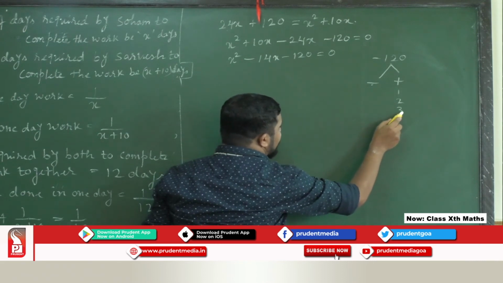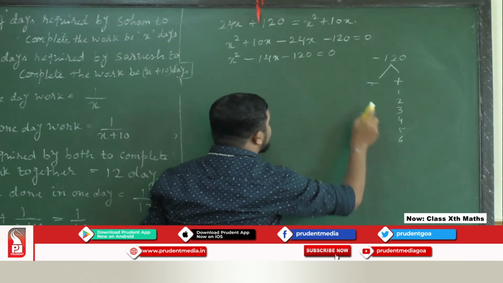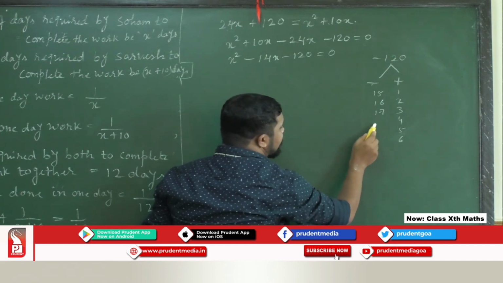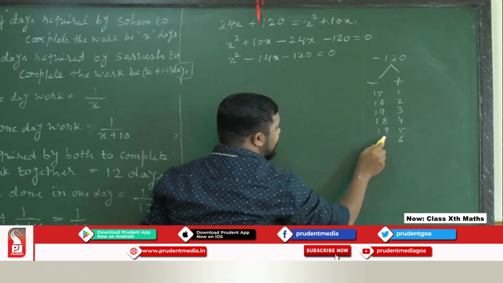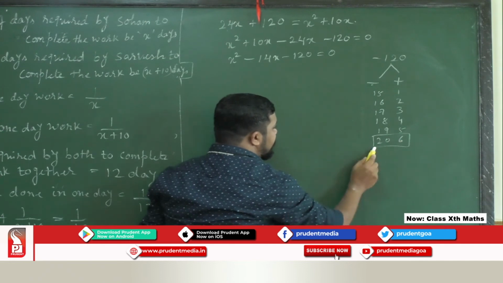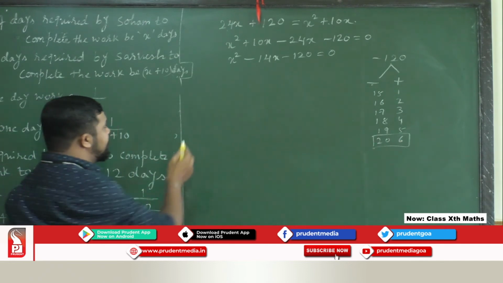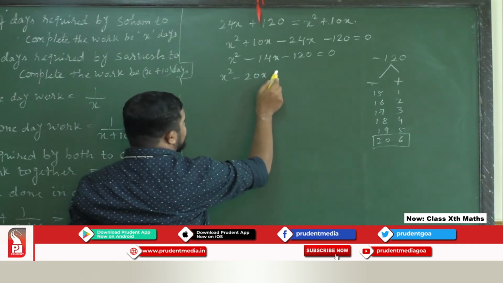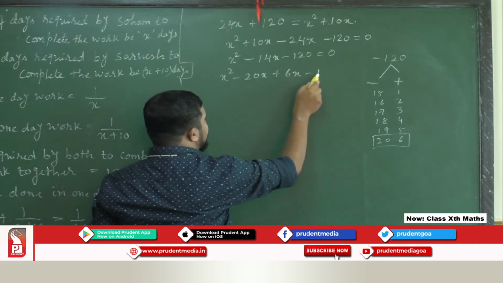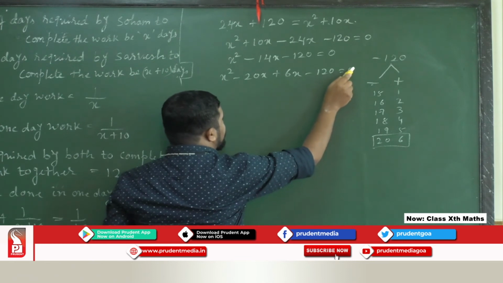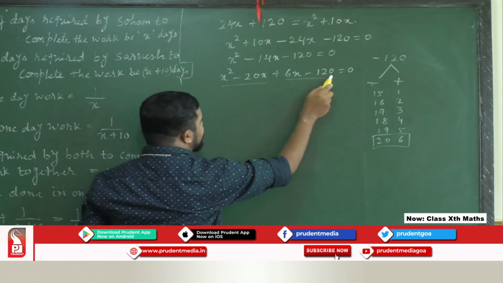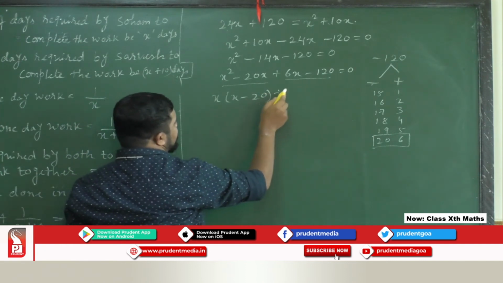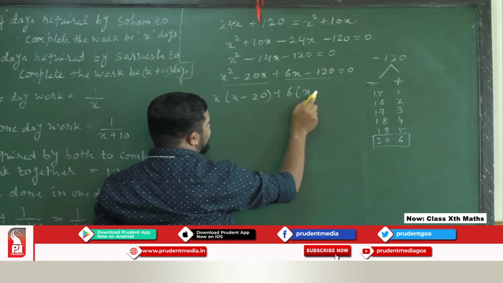So this side we write the number fixed: 15, 16, 17, 18, 19, 20. 20 6s are 120. So x square minus 20x plus 6x minus 120 equal to 0. Find out the common: x minus 20, 6 common, x minus 20.